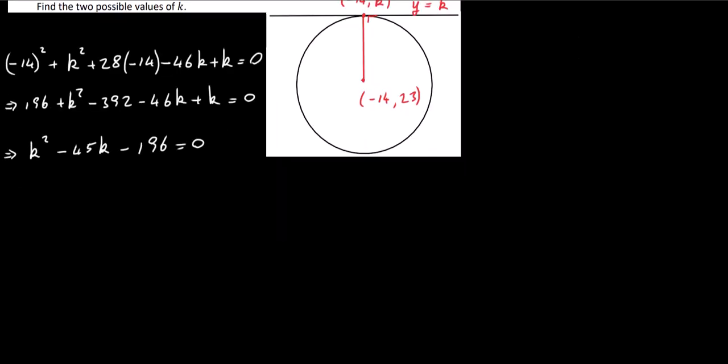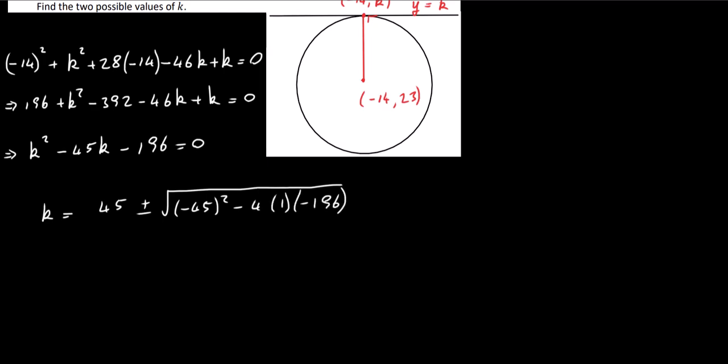You can factorize it, I think, but I might just use the minus b formula here. So k is going to be equal to minus b, which is 45, plus or minus the square root of b squared, that's (−45) squared, minus 4 times a times c, all over twice a.